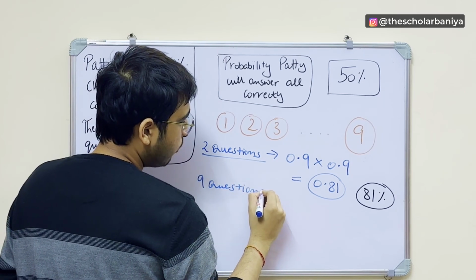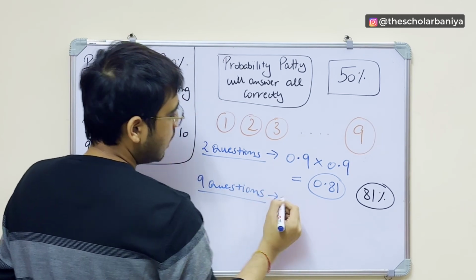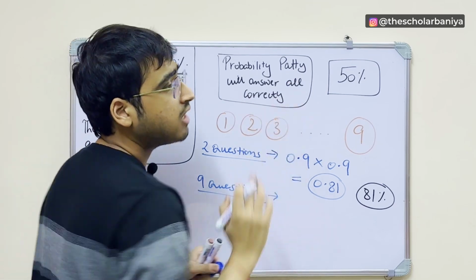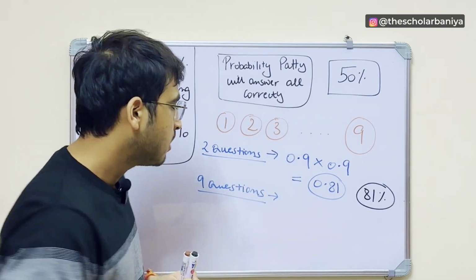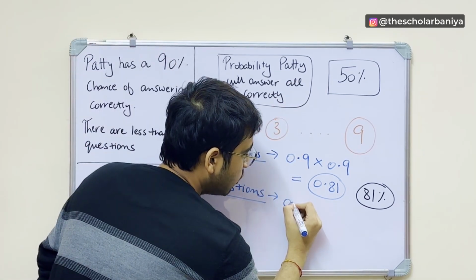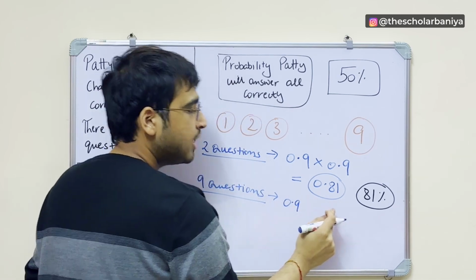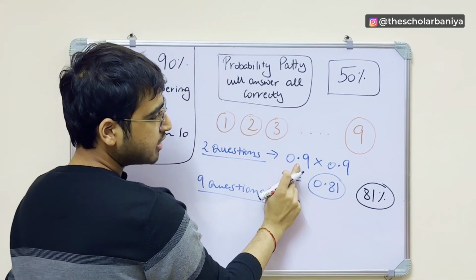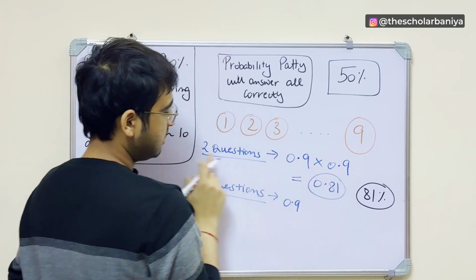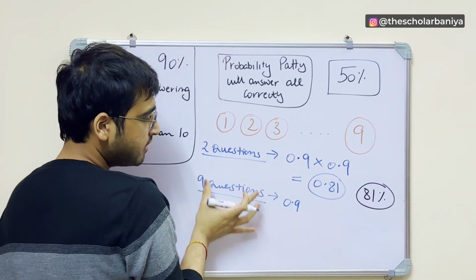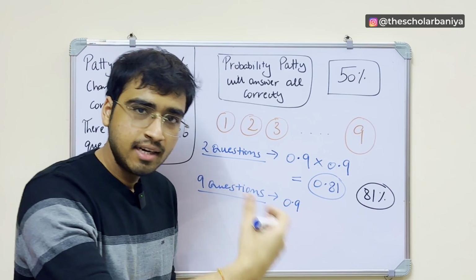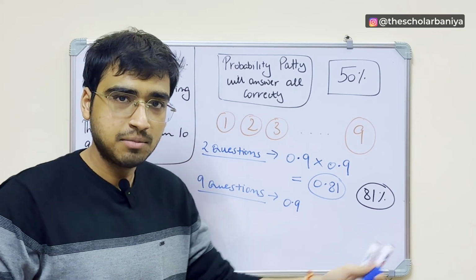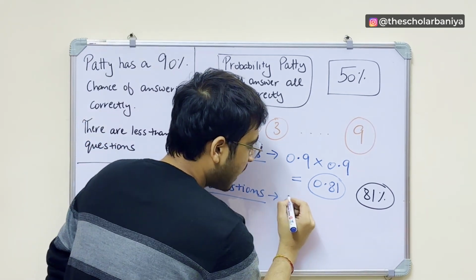If there are 9 questions in the exam, what is the probability that she will answer all the questions correctly? The probability will be 0.9 into 0.9 into 0.9, 9 times. For example, this was 0.9 into 0.9 two times because two questions. Similarly, if there are 9 questions, 0.9 into 0.9 into 0.9, 9 times. So that means 0.9 to the power 9.